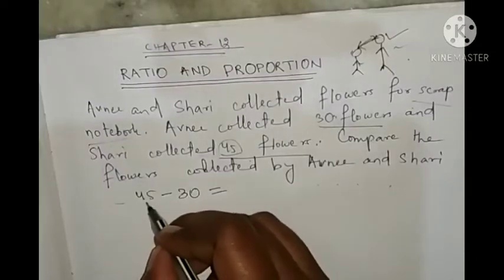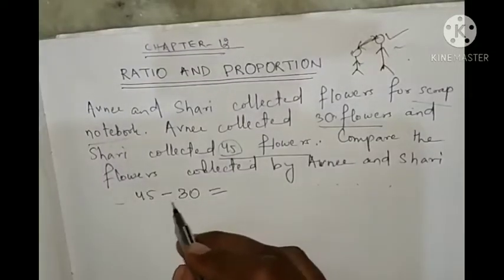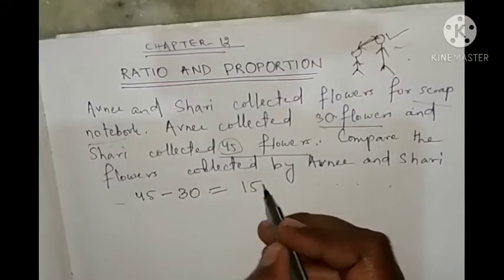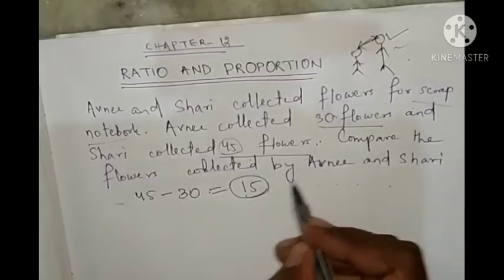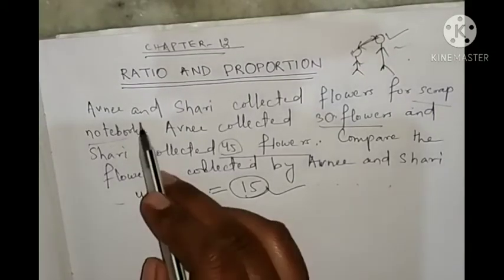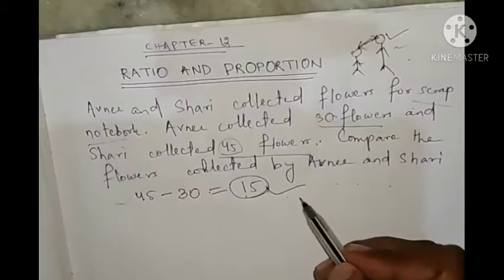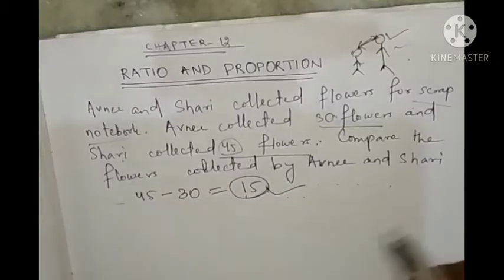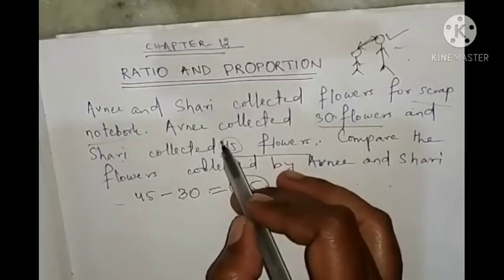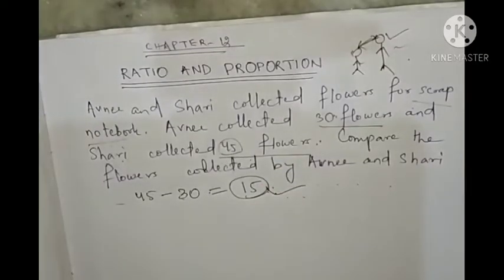For knowing this, we will subtract them. 45 minus 30, that is how much? 15. So after subtracting, we can say Avni has 15 fewer flowers than Sari, or Sari has 15 more flowers than Avni. Like that we are doing comparison.